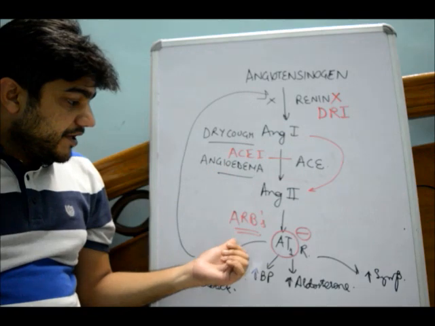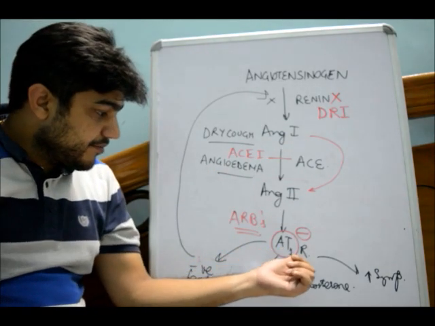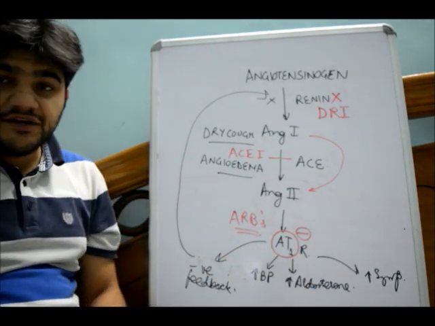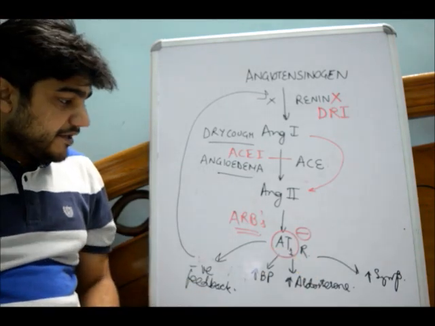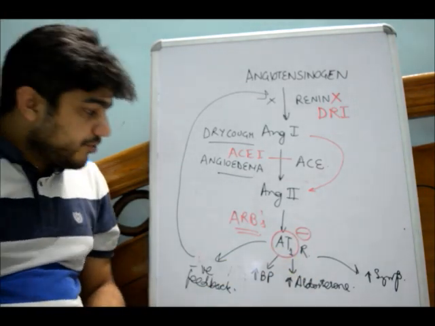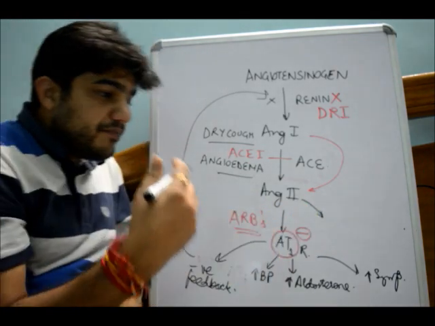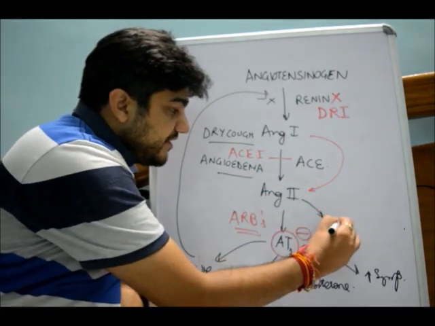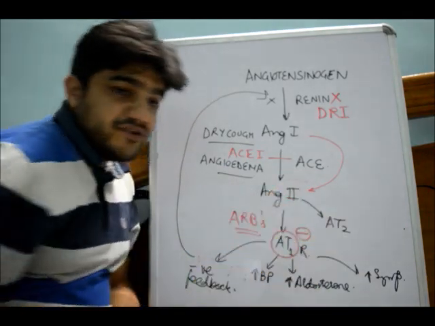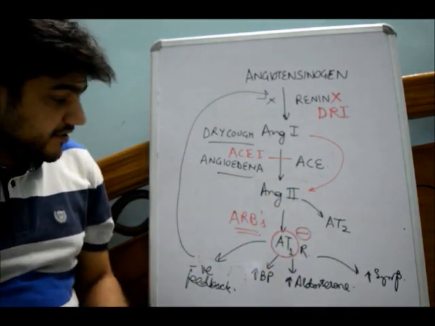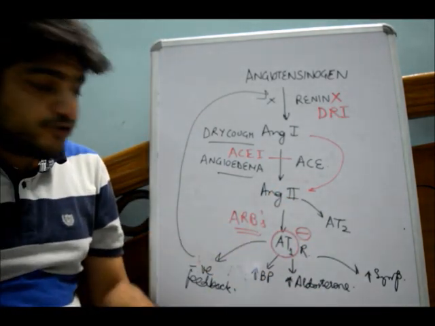But ARBs block this AT1 receptor, and whenever the AT1 receptor is blocked, angiotensin binds with more propensity to the other set of receptors, the AT2 receptors, because the AT1 receptors are occupied.